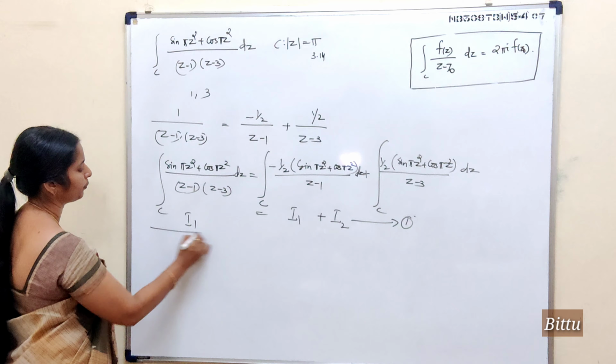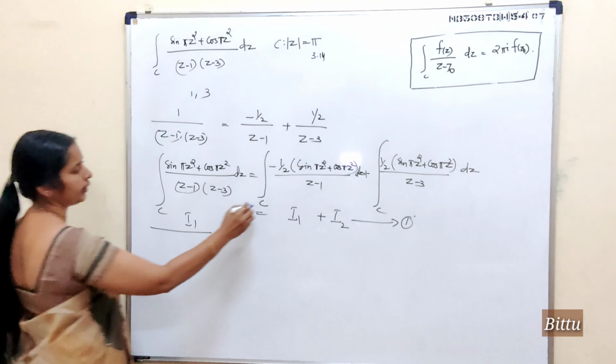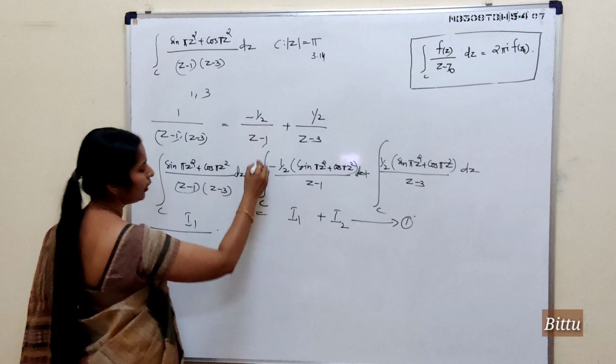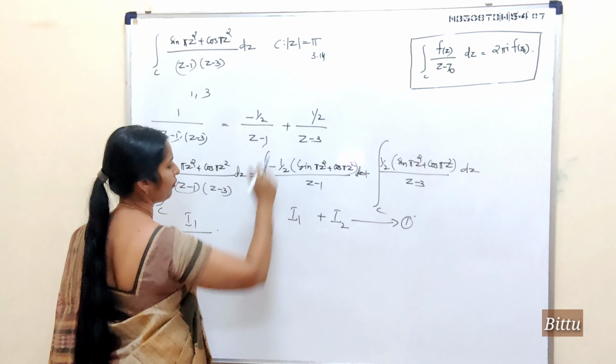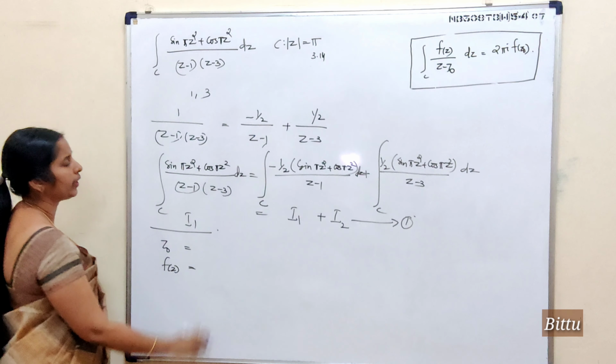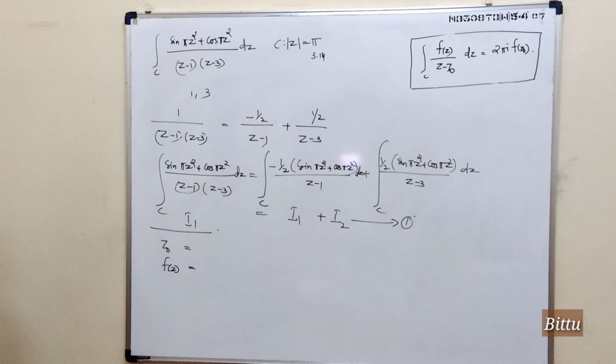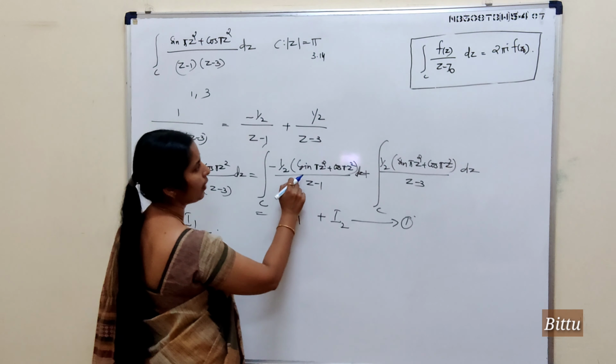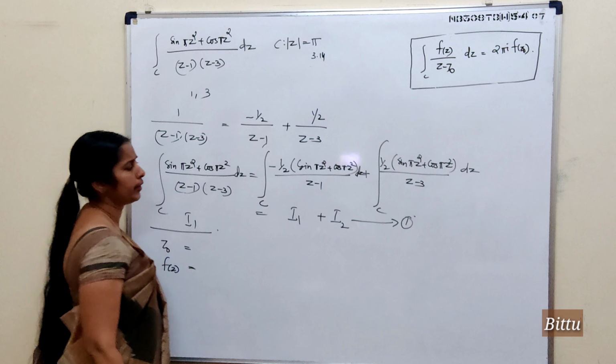Evaluation of I1. See, I1 is this integral. For Cauchy's integral formula, we have to choose z0 and f(z). Then the answer is given by 2 pi i into f of z0. Here, what is z0? You compare this I1 with Cauchy's integral formula. It's very clear.